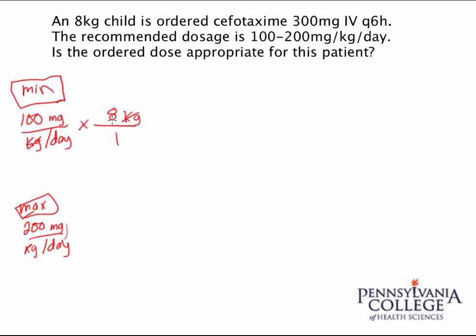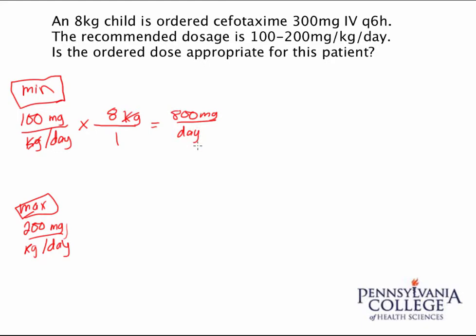If I were to stop right now, multiplying the numerators, I would have 800 milligrams per day. I'm just going to focus on the minimum, and then we'll do the maximum as well. What this is telling me is, for a child weighing 8 kilograms, the minimum recommended amount is 800 milligrams every single day.